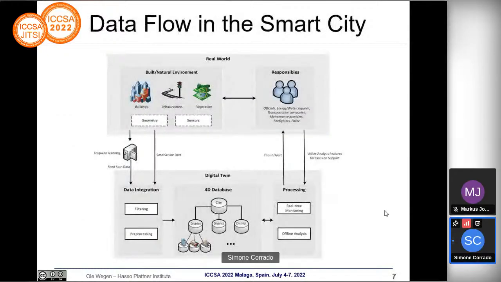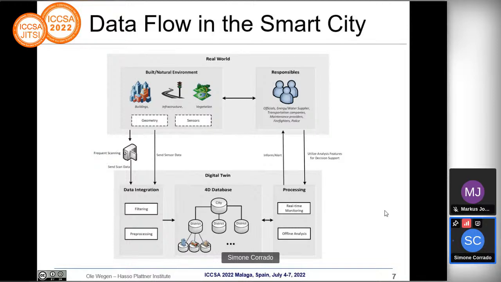Here you can see an overview of the data flow in the smart city. We have the real world on top, comprising the more static built and natural environment, buildings, infrastructure, vegetation, and the more dynamic part, people. And we want to construct a digital twin representing this real world.